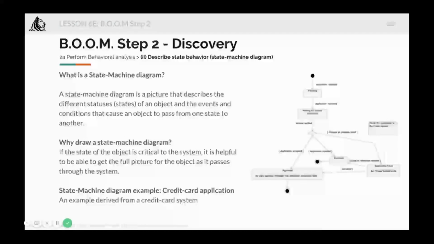The diagram describes the life of a single object over a period of time, one that may span several system use cases. For example, a state machine diagram might show the different statuses of an insurance claim: received, validated, under adjustment, adjusted, paid, not paid, and so on.